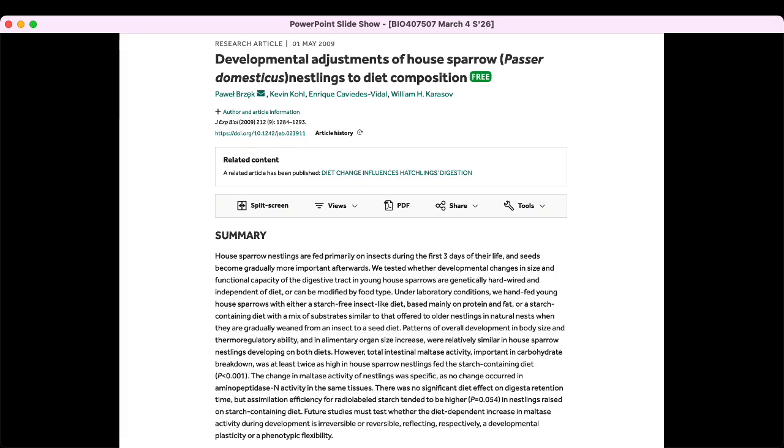Maybe because the animal knows evolutionarily that it's going to shift from high protein to high carbohydrate, and it makes sense developmentally to have those switching options at that time. Or maybe you can't have plastic aminopeptidase when you are a nestling because you need all the protein you can get because you're growing. Yeah. But I don't know.